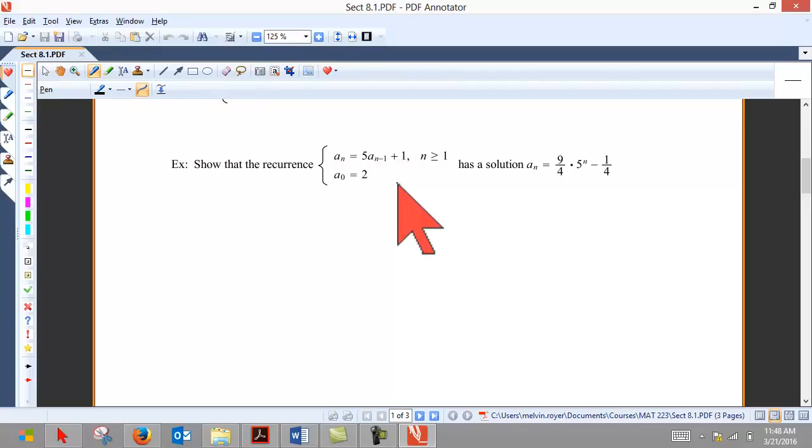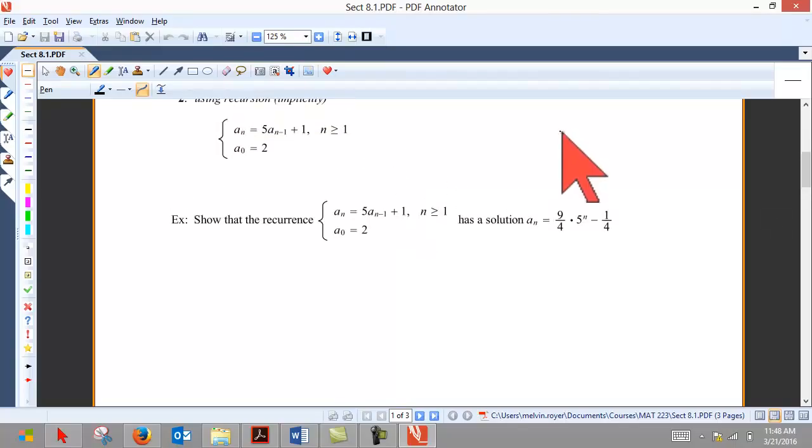So how do you show something's a solution? If I just wrote down a polynomial equation x squared plus 2x plus 7 equals 9, and I claim that x equals negative 2 or whatever is a solution, may or may not be, probably isn't, but how would you check?